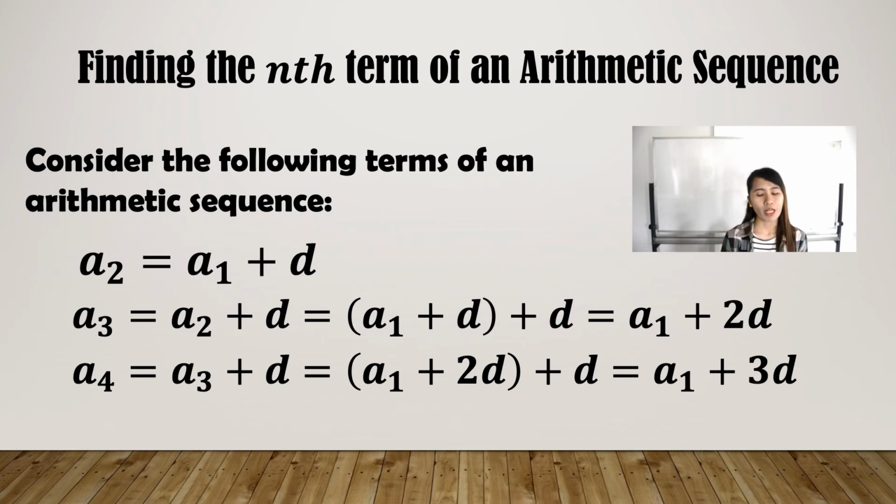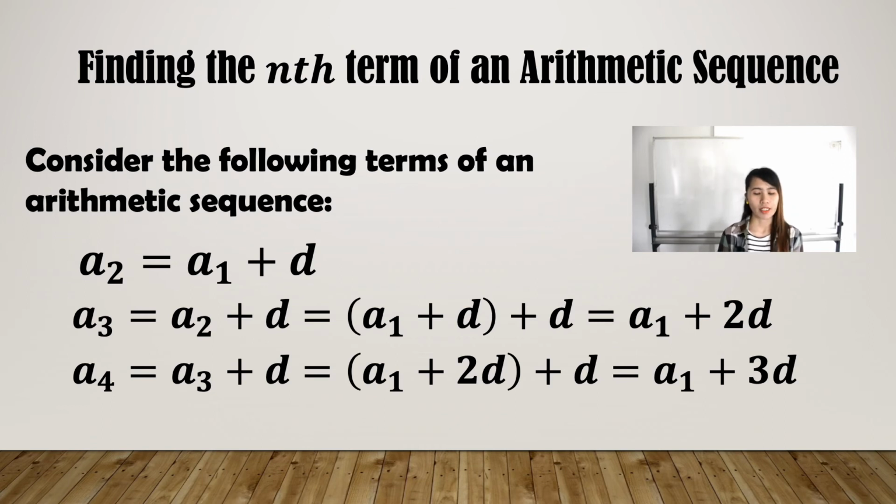Okay, consider the following terms of an arithmetic sequence. A sub 2 is equal to a sub 1 plus the common difference. A sub 3 is equal to a sub 2 plus the common difference, which is equal to the quantity a sub 1 plus the common difference, plus the common difference, which is equal to a sub 1 plus 2d.